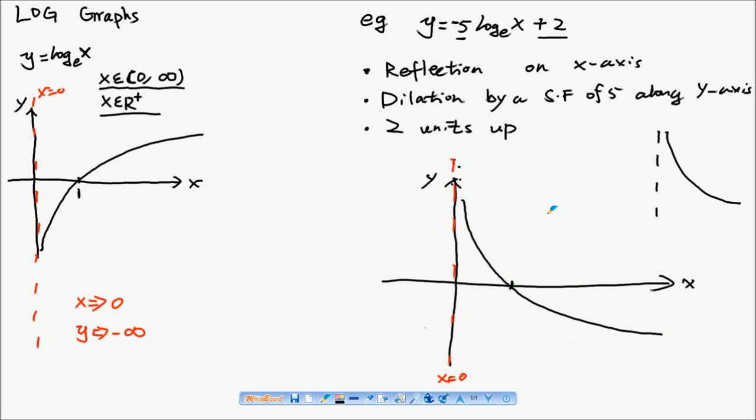Now we have one x-intercept, and let's find it.